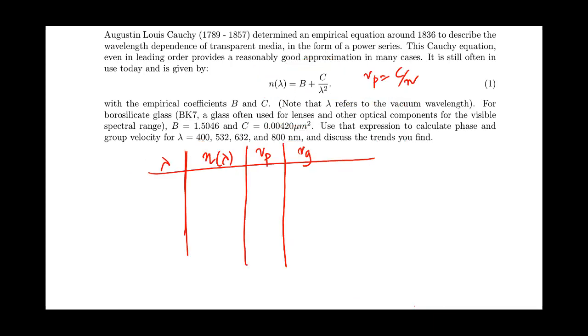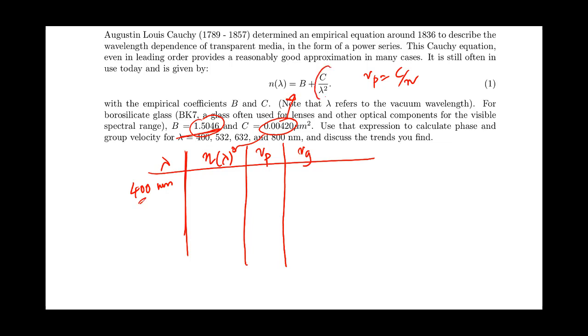So for example, if you take 400 nanometer light, you know the value of b, you know the value of c, right? You can plug them in here, and then substitute the answer here. It would be a little more than 1.50 because you have a wavelength of 400 nanometers.